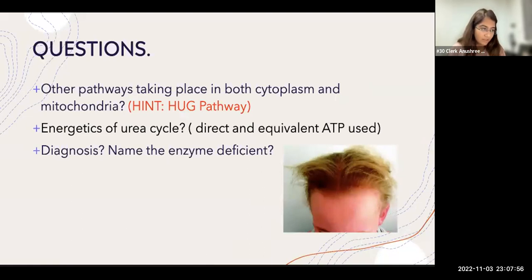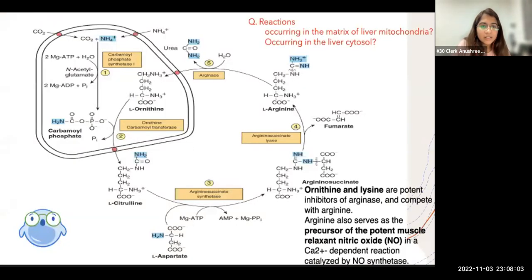Correct. Next, what are the equivalent ATPs used? Anybody? I'll open this diagram for you so you can correlate. Go. Tell me the equivalent ATPs used in the urea cycle. And whoever is going to answer, please explain also why you are answering that.